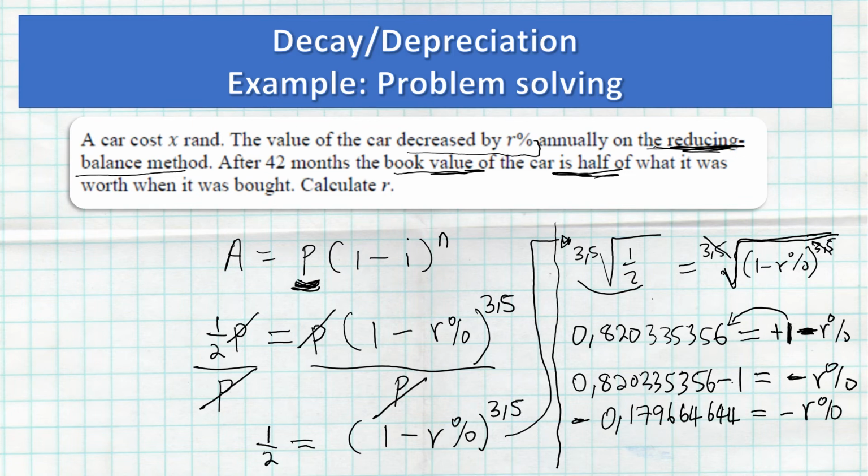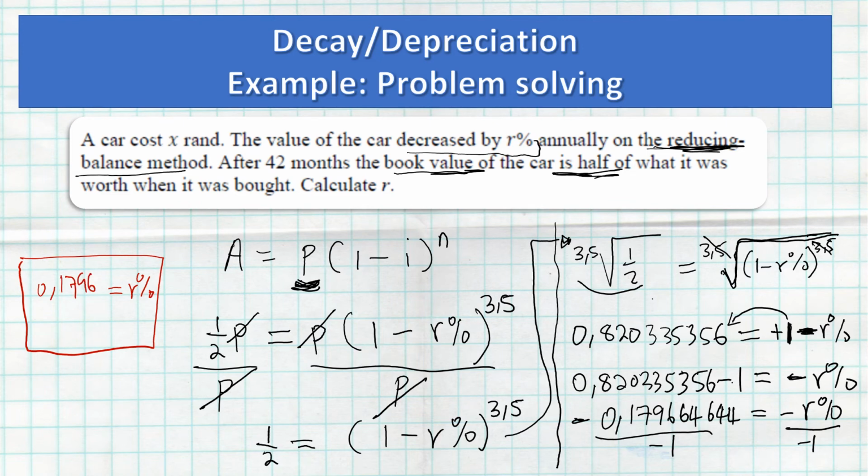To solve for r, I'm going to divide by negative 1. Let me just put it somewhere here because of space. So my r% when I divide by negative 1 is going to be 0.1796644.